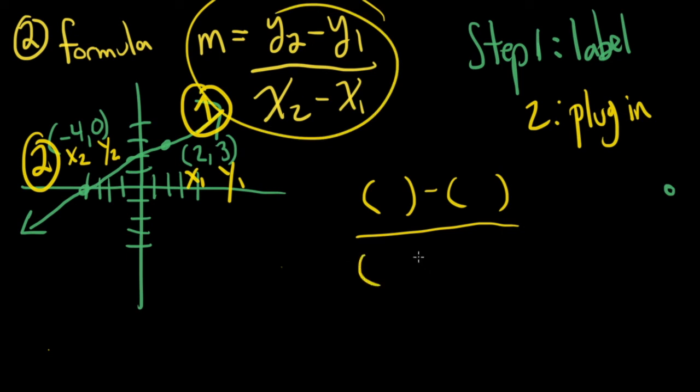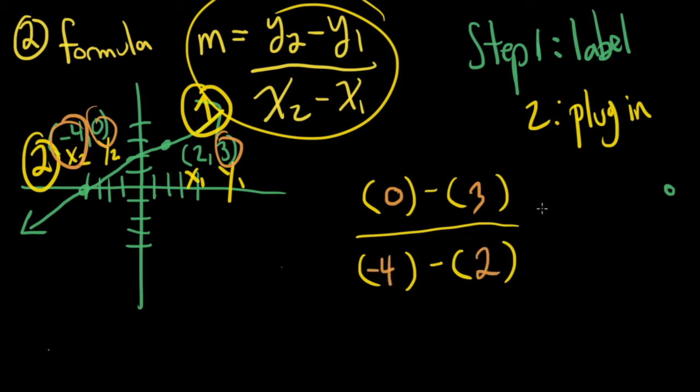I'm just putting brackets around what my y2 and y1, x2 and x1 will be, and I'm going to use colors to fill them in. So y2, where's my y2? My second y, there it is, it's a 0, so I can put a 0 in here. And my y1 is here, so I can put in a 3. Cool, x2 is right here, it's -4, and then 2. Great, let's go do the math.